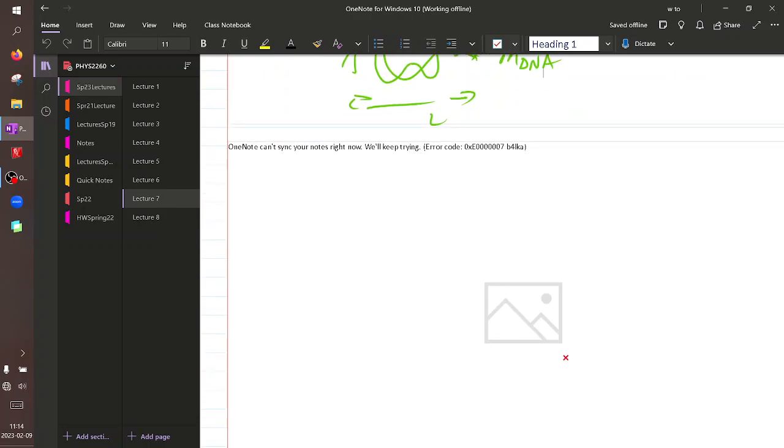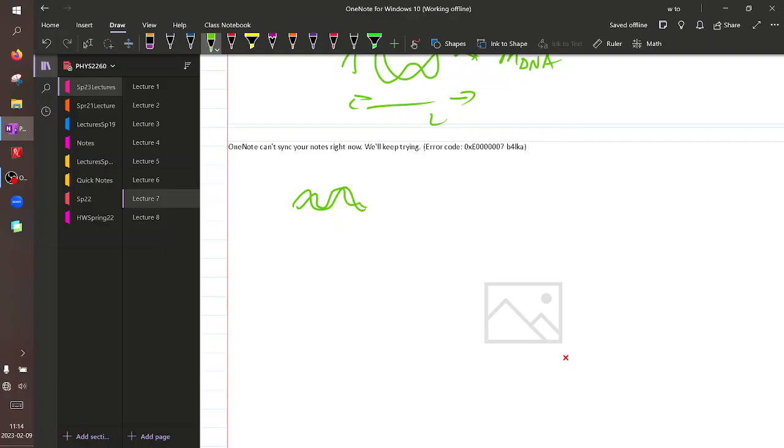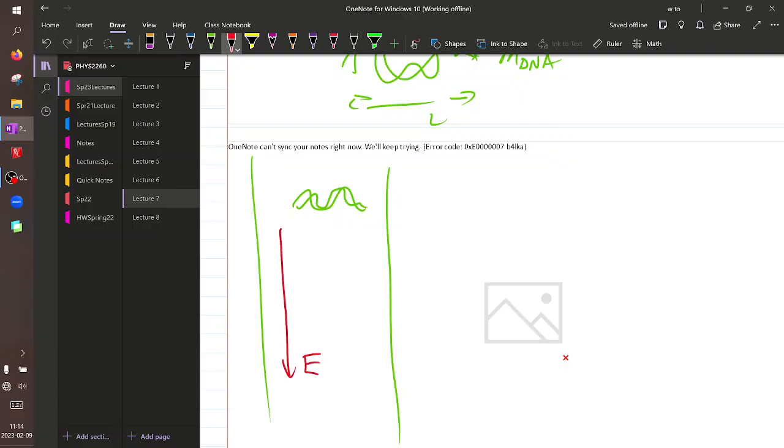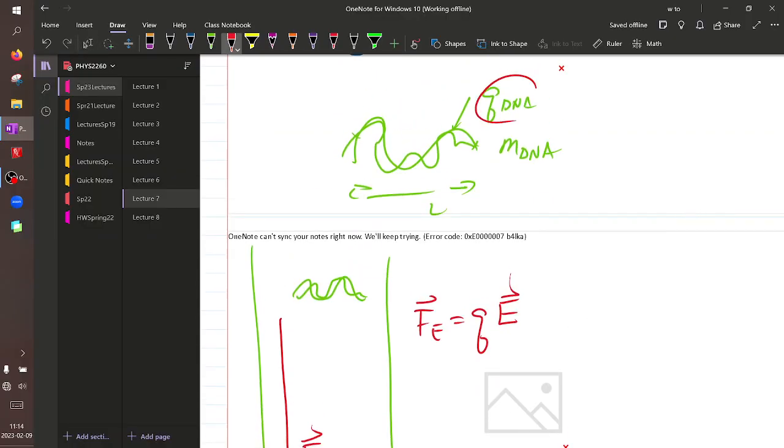Anyway, if you put this little piece of DNA in a gel pack, usually it runs down a column, and you put an electric field in this direction. The electric field is going to exert an electric force equal to the charge times the electric field, and that charge is determined by which slice of DNA you slice off.